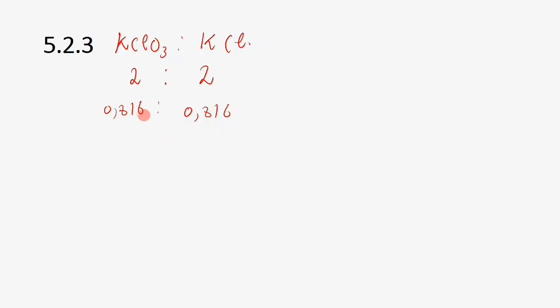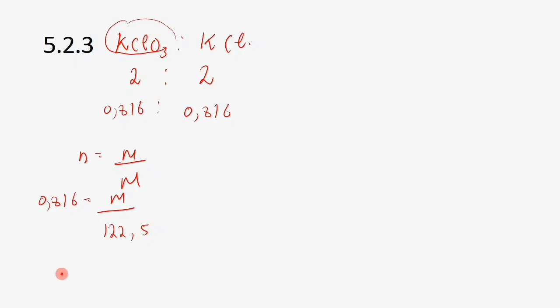Then 0.816. So what do we do to calculate the mass? Again, it's this formula, n is equal to small m over big M, and then here we substitute our 0.816 and then calculate the mass. The molar mass of potassium chlorate is now 122.5. So we are putting the molar mass of this one because we are looking for the mass of that one.